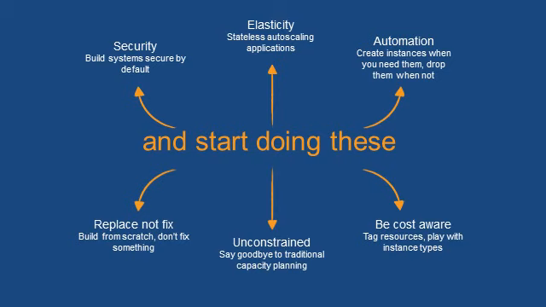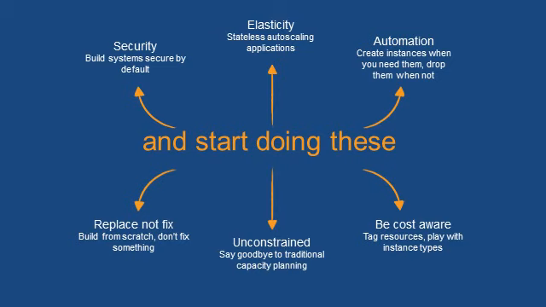And of course, there are some things that you can start doing as a result of that as well. You can improve the security of your environment. You can improve elasticity by using stateless auto-scaling applications in the way that we've described today. You can automate the creation of instances and automate the destruction of instances when you don't need them. You can tag resources for better cost awareness and also optimize which instance types you're using for better cost efficiency. You can unconstrain your environment by getting rid of capacity planning and just use the resources that you need when you need them and don't use them when you don't.